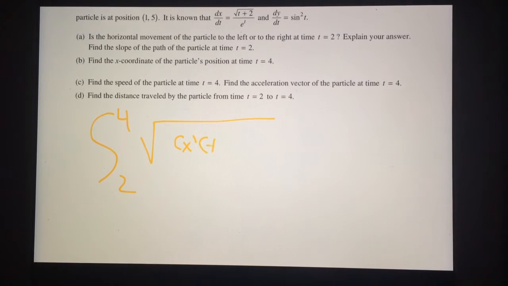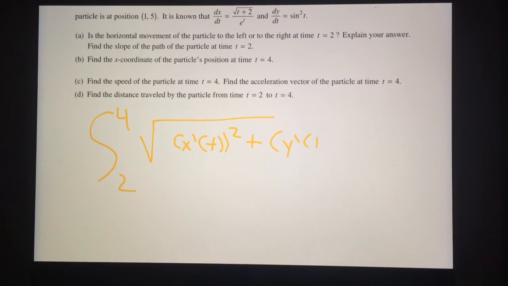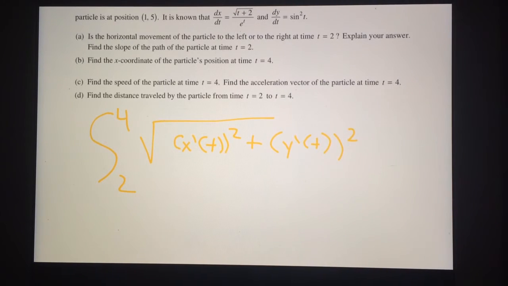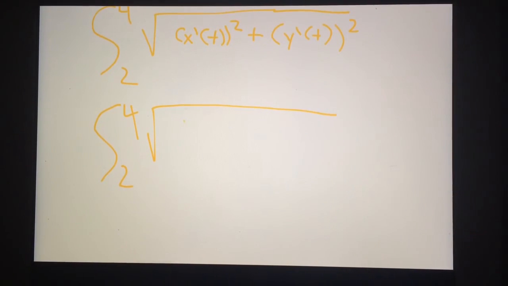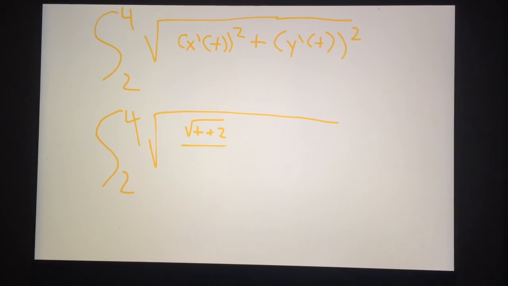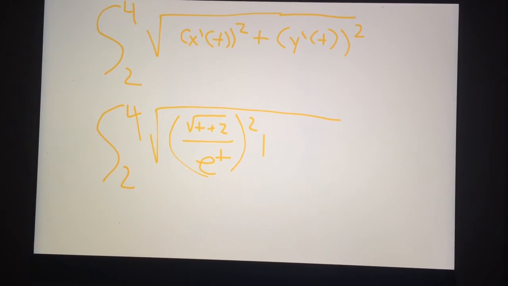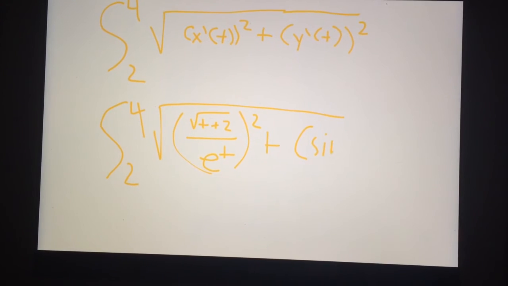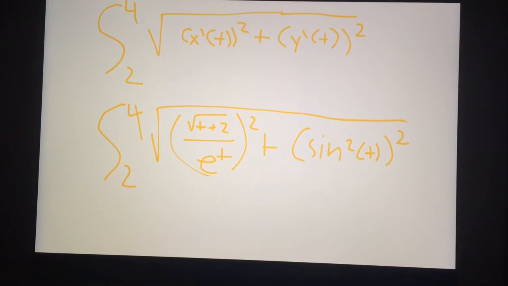x prime of t squared plus y prime of t squared, and we can write this out in a better form: the square root of t plus 2 over e to the t, squared, plus sine squared of t, squared.